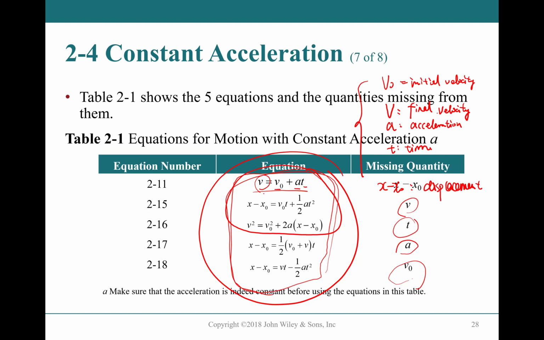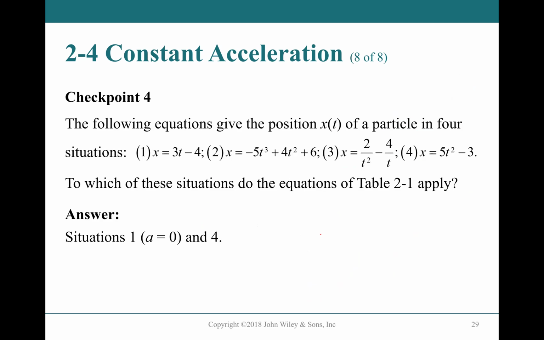So this one gives you the relation between final velocity, initial velocity, and time, and this gives you position, so displacement, velocity, and time. And this one here, which does not have time, gives you the relation between velocity, acceleration, and displacement. Okay, so these are the four equations that will be used to calculate the examples.